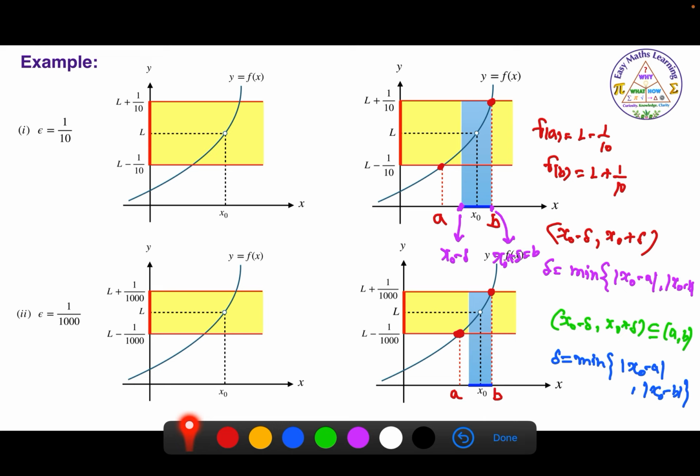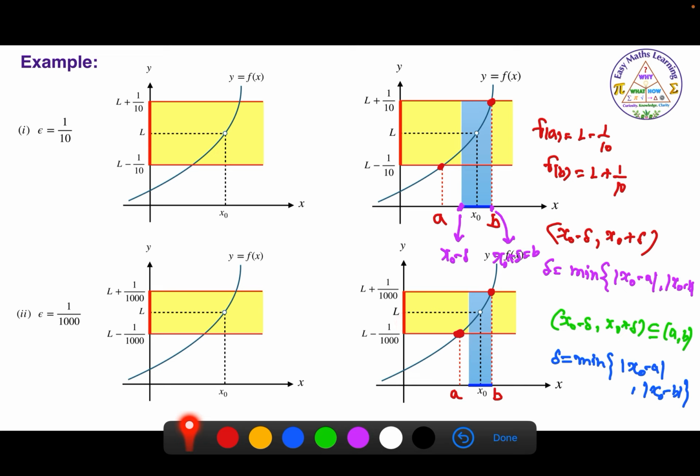So this is delta. Now you can see that for this epsilon we are getting a corresponding delta, this one, such that keeping x values inside this interval will keep the function values within this range.